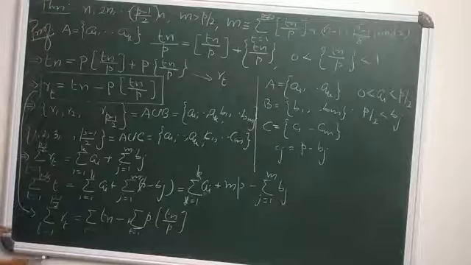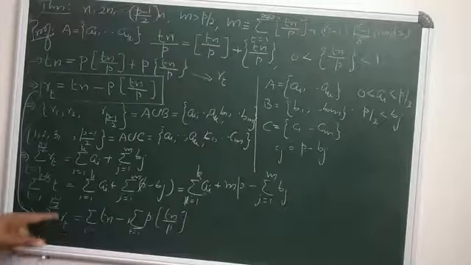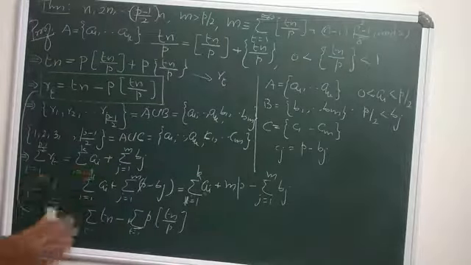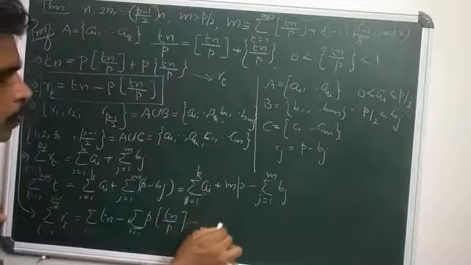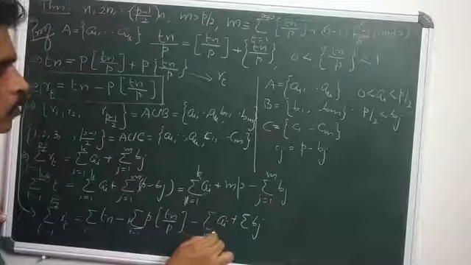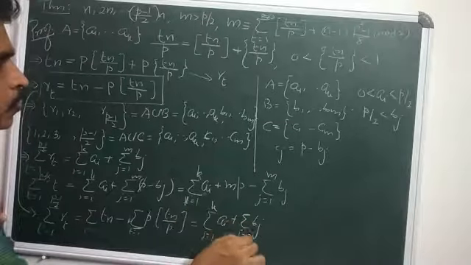Enough. So sigma T ranges from 1 to (P minus 1) by 2 of Rt, but what about that one? That is sigma Ai plus sigma Bj. So this sum is nothing but sigma Ai plus sigma Bj, where I ranges from 1 to K and J ranges from 1 to M.